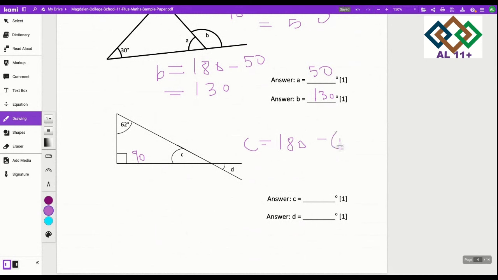So this is 180, and 62 plus 90. And that is your C is 28. And we can see that C and D are opposite angles. So if this is 28, your D would automatically be 28.